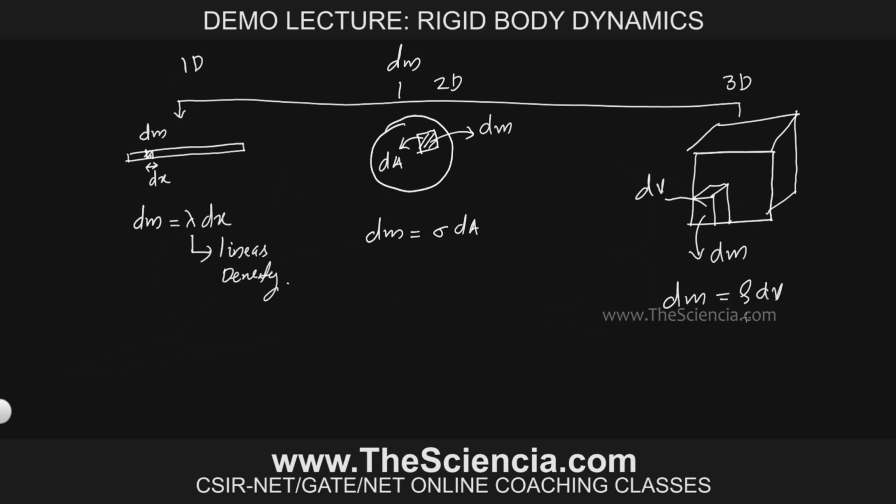This is the volume density. And this lambda may be uniform or non-uniform.